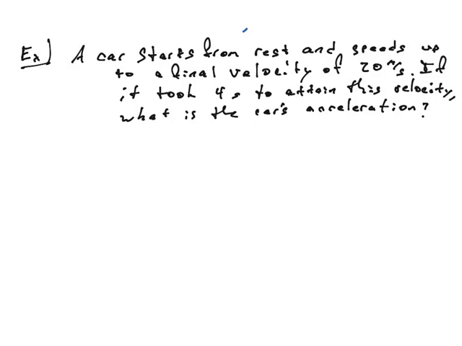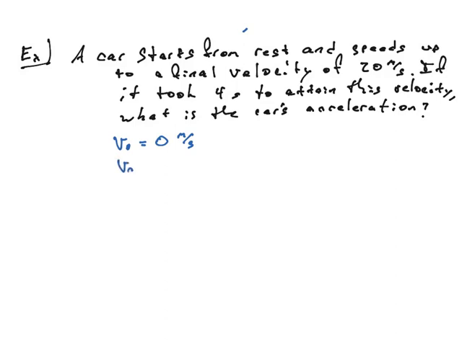Okay, I already know one important thing. The car starts from rest. That tells me the initial velocity of the car must have been 0. It starts from rest, so its initial velocity is 0. It speeds up, so I know there's some acceleration involved, to a final velocity of 20.